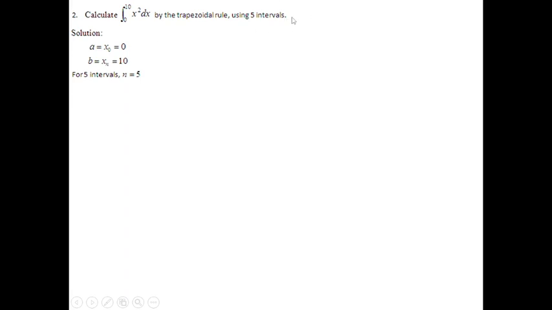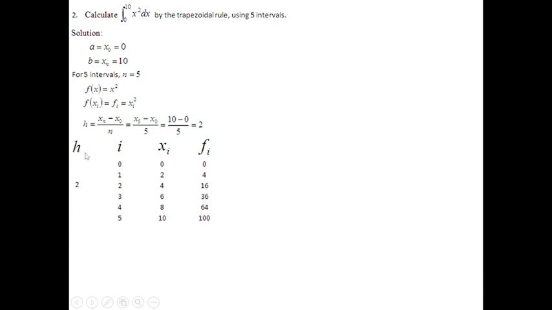So we have the function f of x equals x squared, f of x sub i equals x sub i squared. So we replace x by x sub i. So this is the formula for h. So we have x sub 5 minus x sub 0 over 5. We get 2.